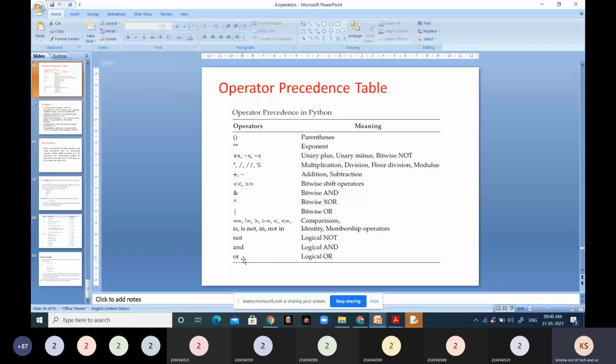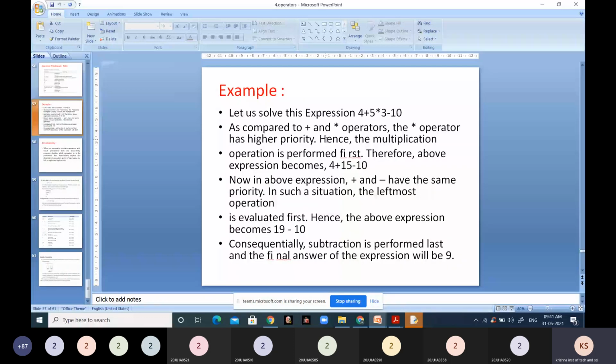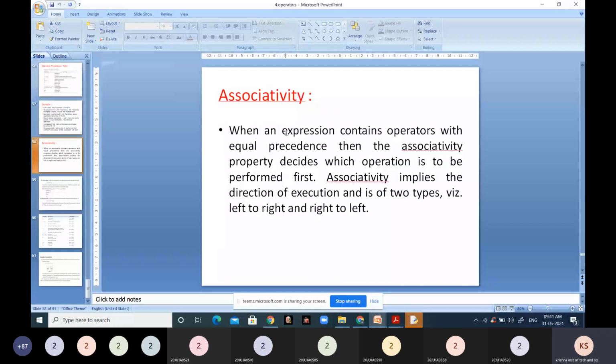Yesterday we already discussed this example. Now, associativity. Associativity is used whenever the expression contains operators of the same priority. Then what do we have to do? We can go for associativity.